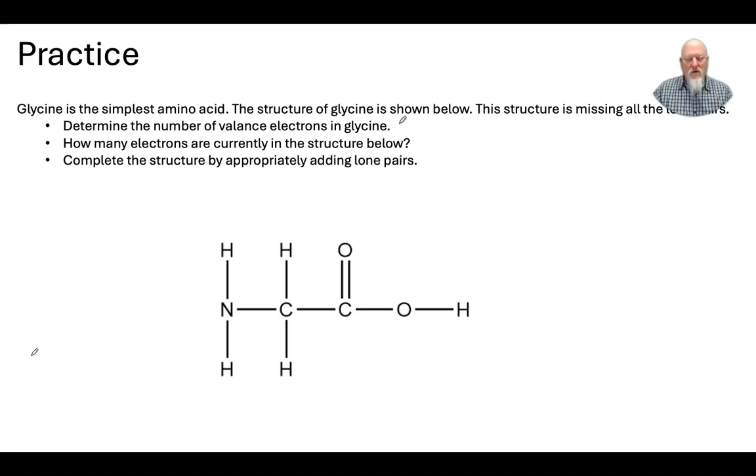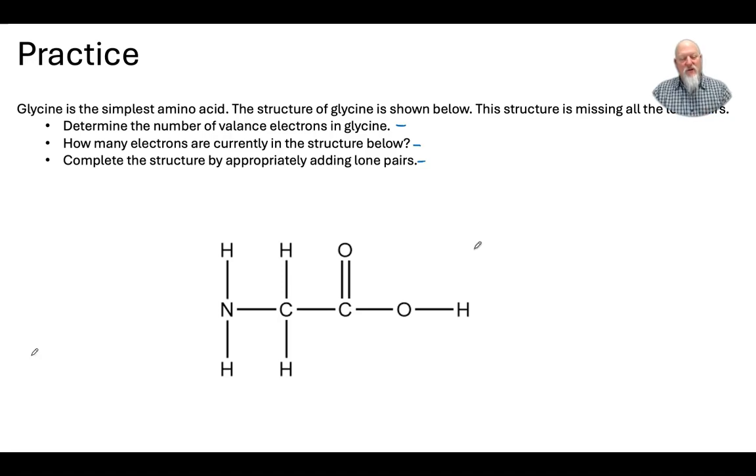So what I want you to do is determine the number of valence electrons in glycine, determine how many electrons are currently in the structure, and then complete the structure by appropriately adding lone pairs.